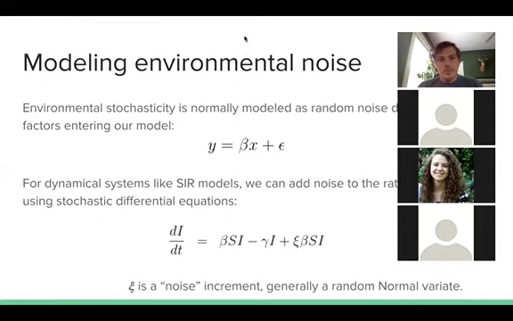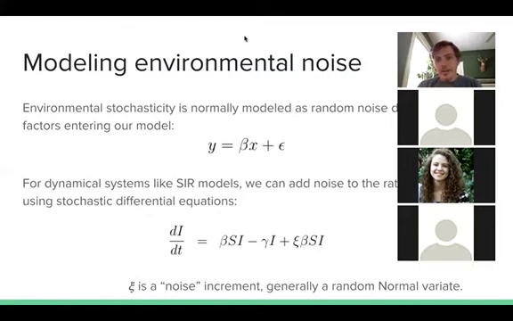Just to go back to environmental noise for a second though, it's relatively easy to include environmental noise in our models. A classic example from statistical models is just to include some form of random noise term. Say, for example, we had a classic regression model where we were modeling some outcome y as the product of some explanatory variable x times a regression coefficient beta.